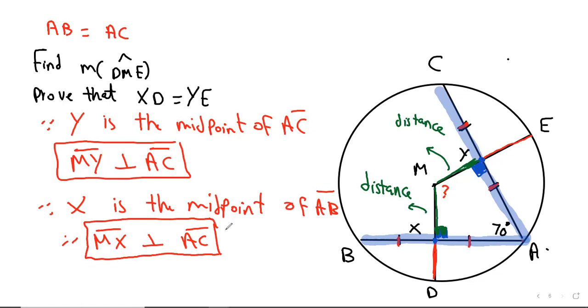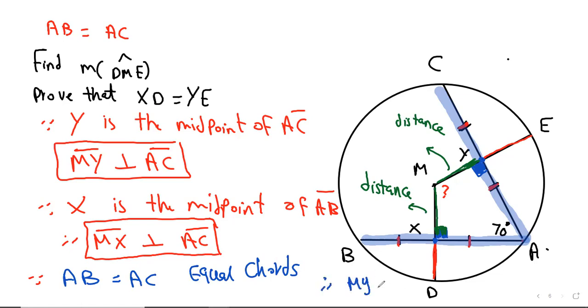I showed that MX is a distance. And since AB equals AC, they are equal chords, and having equal chords in the circle leads to two equal distances. So here directly you write, then MY, the distance here, is equal to MX. They are equal distances.